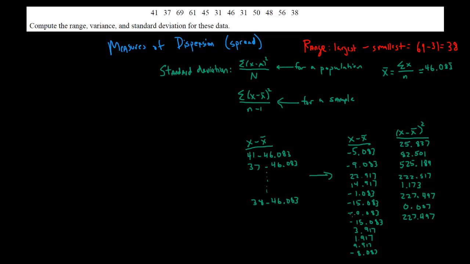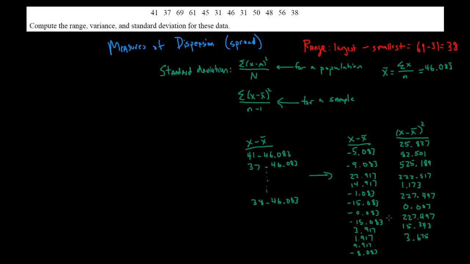Then we have 3.917 squared. So 15.343. Okay. Then we have 1.917 squared. That is 3.675. Squared, or excuse me, that is squared already. Sorry.